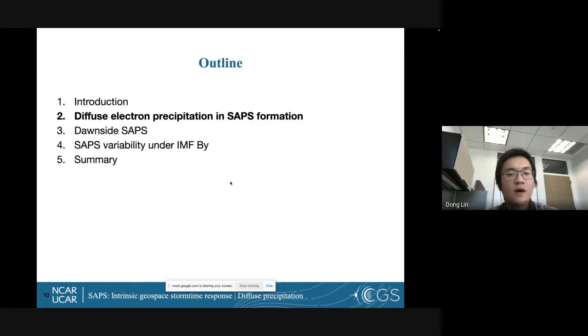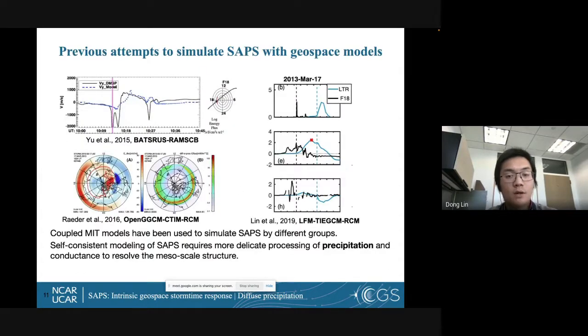Okay, so let's move on to the first study, regarding the role of the diffuse electron precipitation in the formation of SAPS. There have been attempts to use geospace models to simulate SAPS in the community.